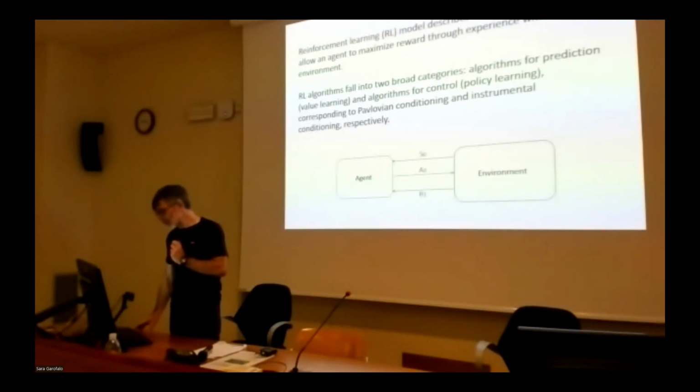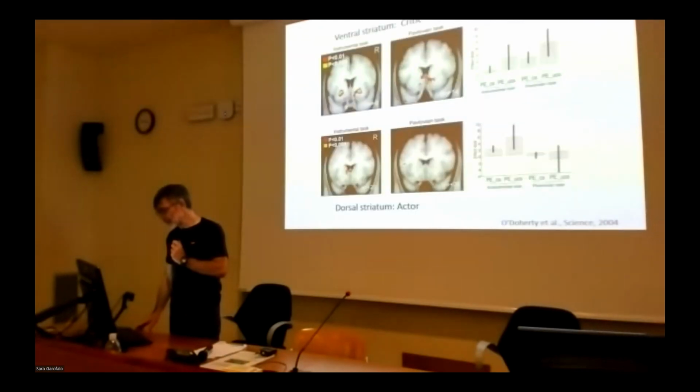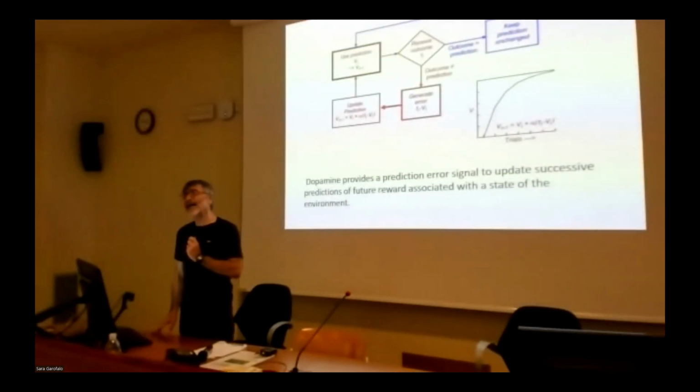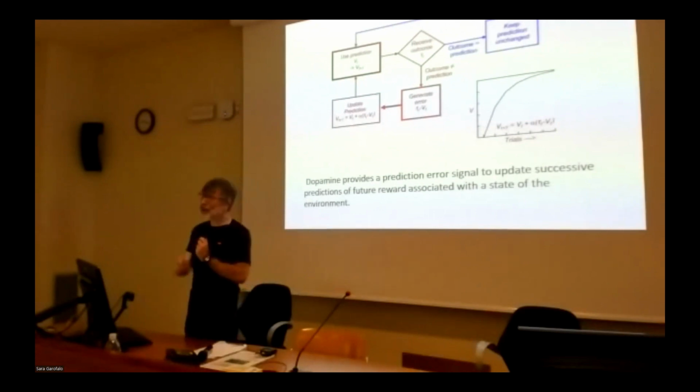This view was also favored by the interpretation of dopamine. Although we did not study dopamine, we would have liked to, but we couldn't in our project. Dopamine is a key component because we know it is important for learning.